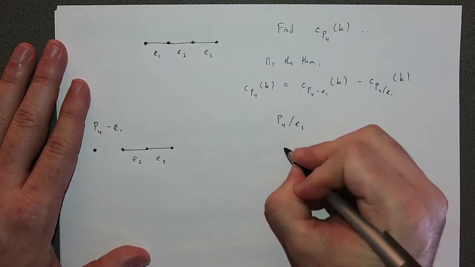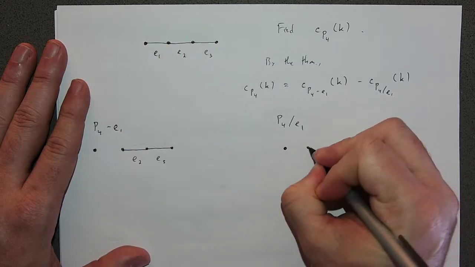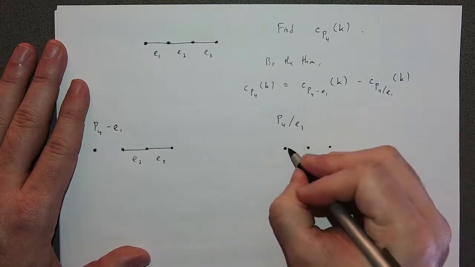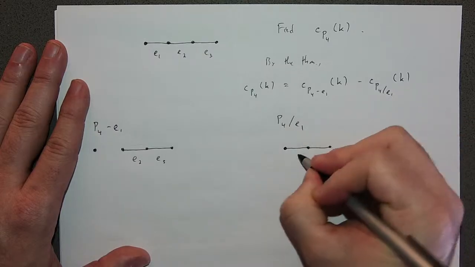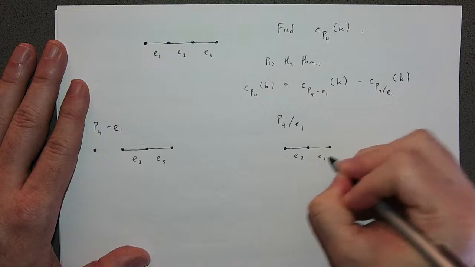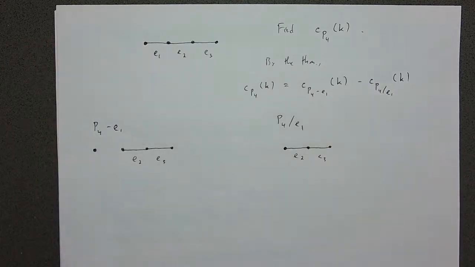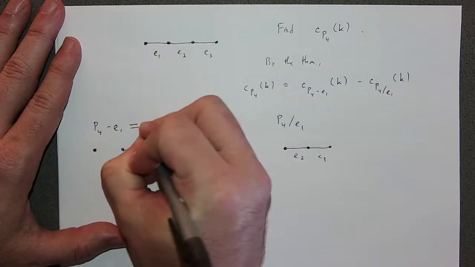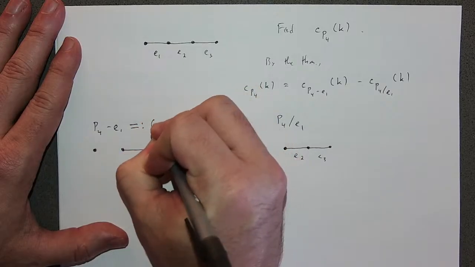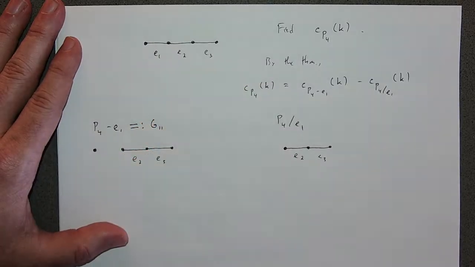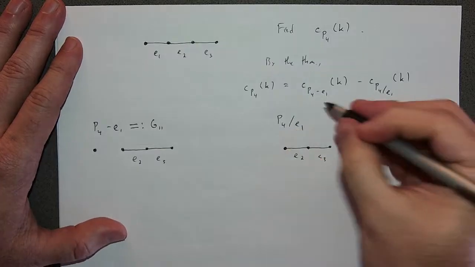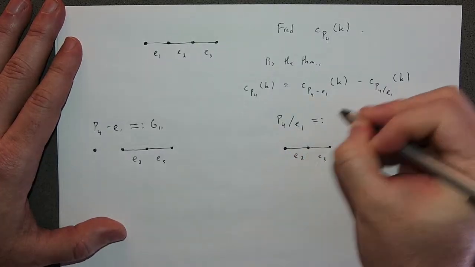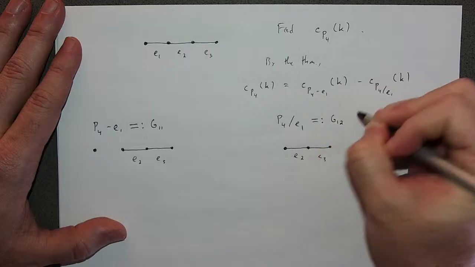So this would be this graph. Now, I am going to define this to be a graph I call G11, and this to be a graph I call G12. Again, you'll see why I'm going to do this.